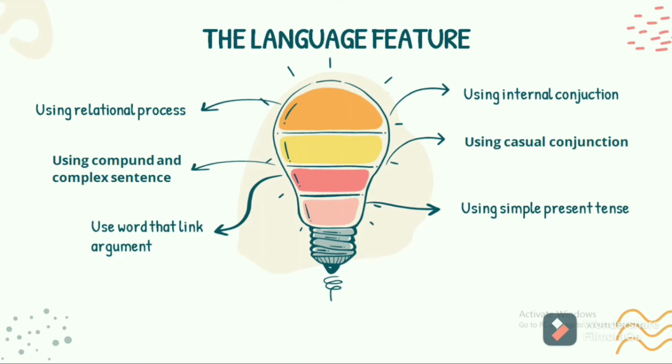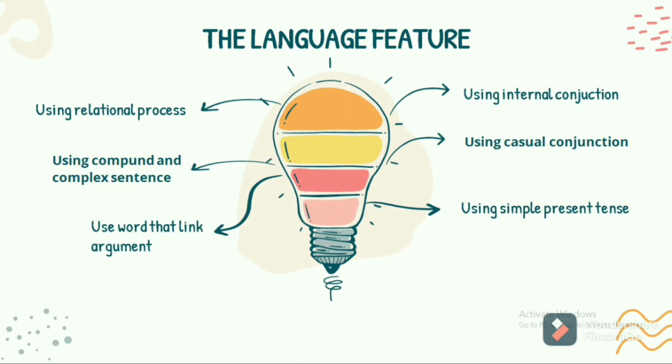Next, the second one is using compound and complex sentences. Commonly, an analytical exposition text uses them. A compound sentence has at least 2 independent clauses joined by a coordinating conjunction or semicolon, while a complex sentence contains an independent clause and one or more dependent clauses.